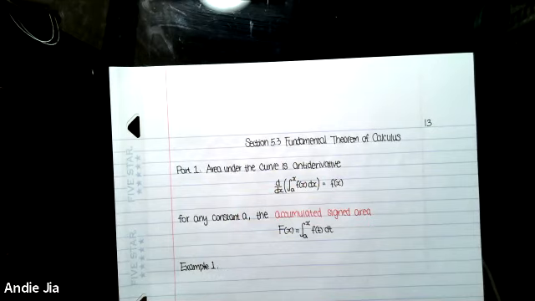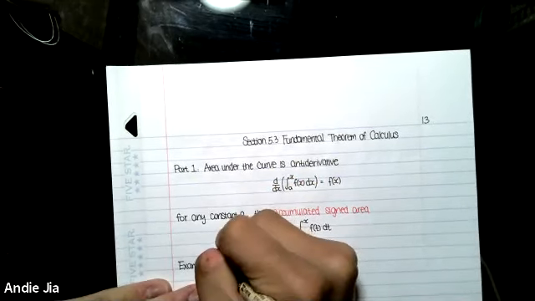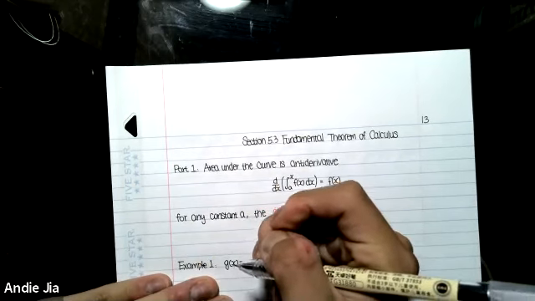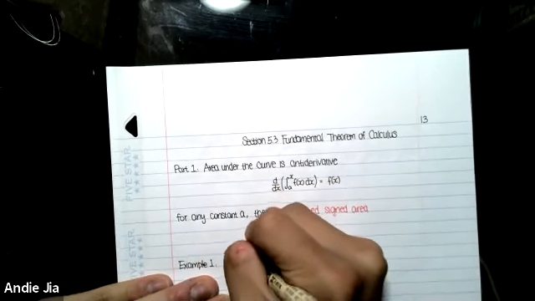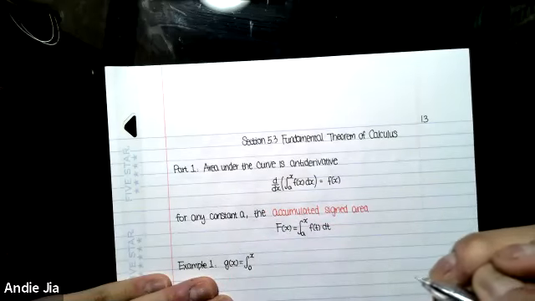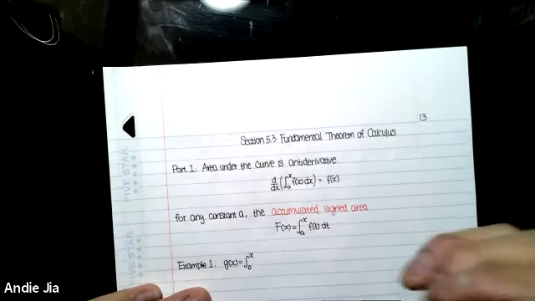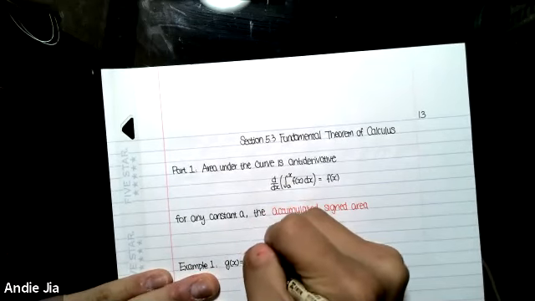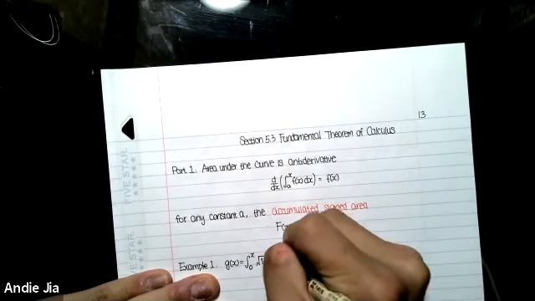Perhaps we have a function g of x equal to the integral from 0 to x of 1 plus t squared dt.